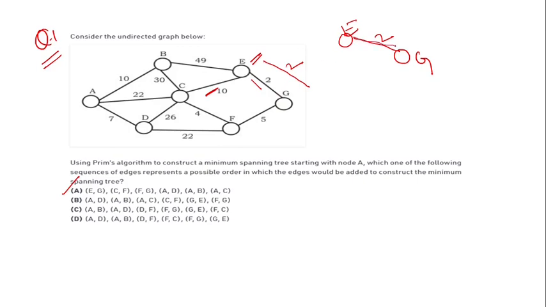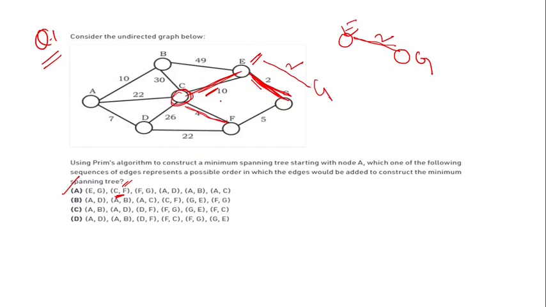EG you have picked, but in the second step the condition is CF, which is this one. How do I visit this CF? It's not possible using Prim's, because if it has to visit CF, then it has to visit EC first. It has to come to C, right? It didn't come to C. It has only visited this edge, which is EG.